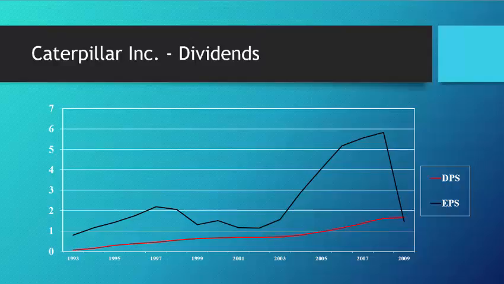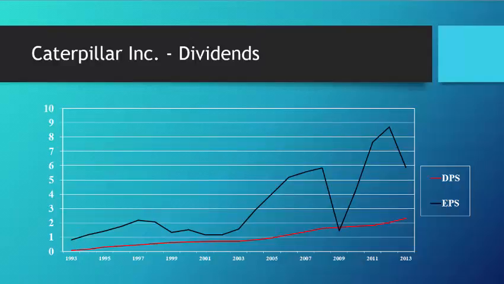In this instance, when they sent that message, unlike GM, when they sent a similar message and it turned out to be a prophecy of how poorly they were going to do, Caterpillar, on the other hand, ended up having their income just shoot way up until they were making close to $9 a share in 2012, and they were only paying $2.02 a share in dividends.